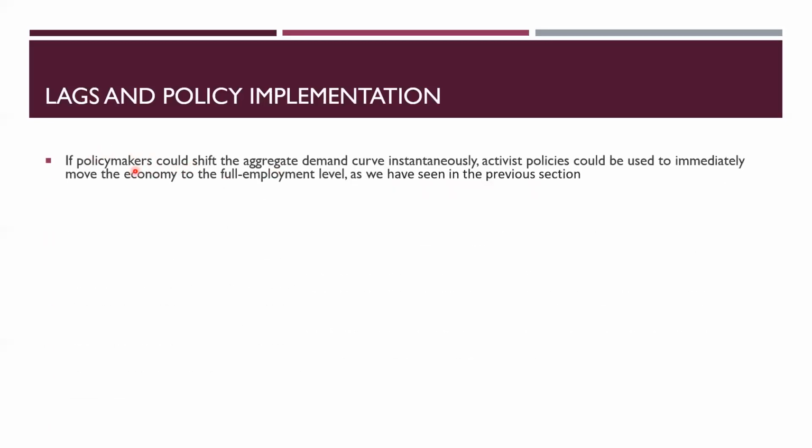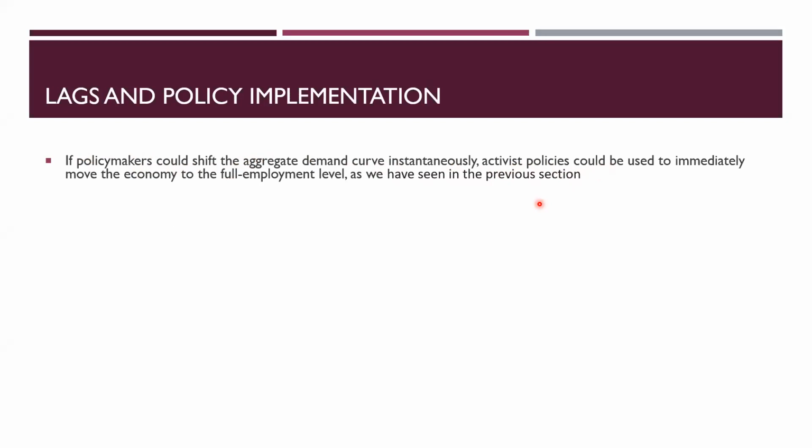So if policymakers could shift the aggregate demand curve instantaneously, activist policies could be used to immediately move the economy to the full employment level, as we have seen in the previous section. If policymakers are able to shift aggregate demand there and then, it should not be a problem for South Africa to say, okay, we have an unemployment rate of 30%.